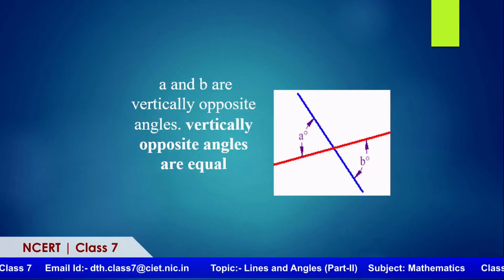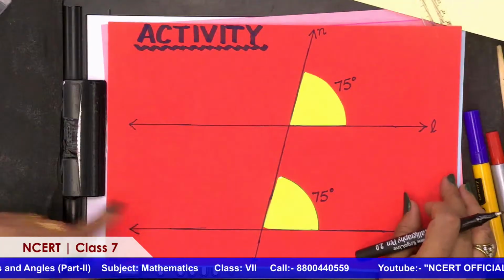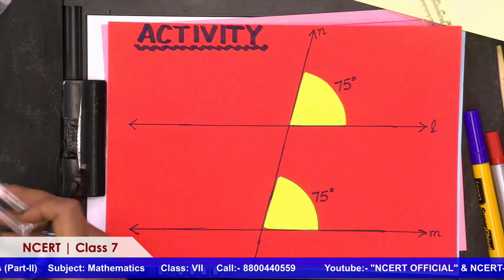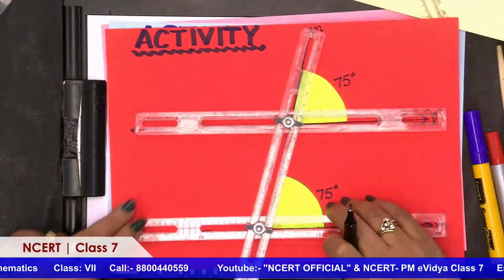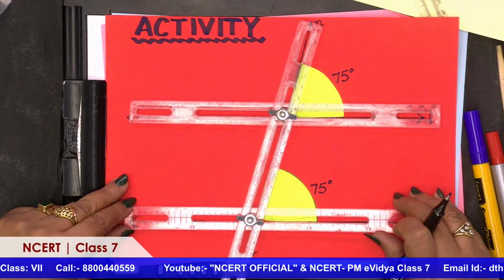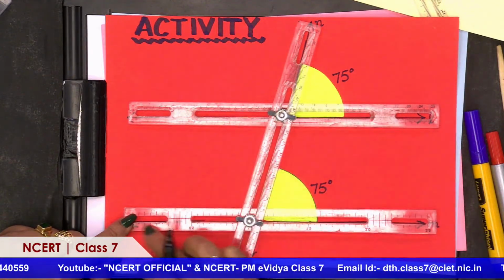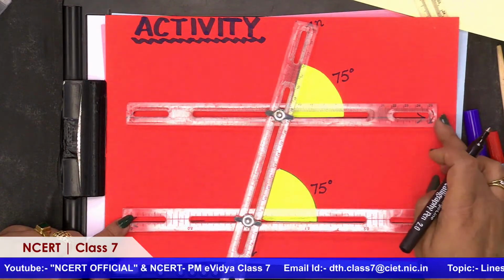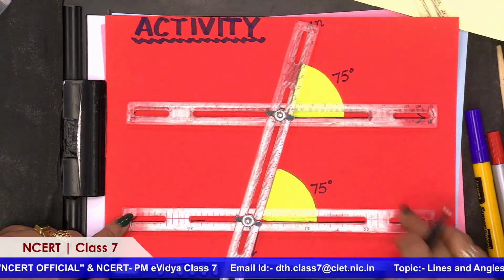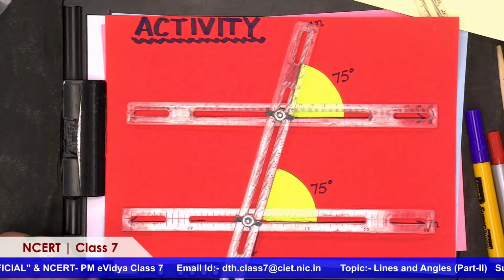Now, let us look into another problem we have here. In case of parallel lines, children, just now we have discussed. We have this as a straight line and this is another straight line. This is line L and this is line M, and this, as I told you, is a transversal.